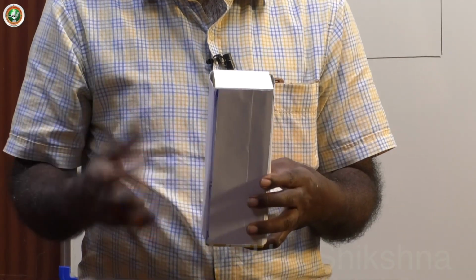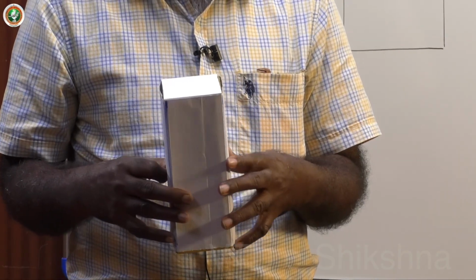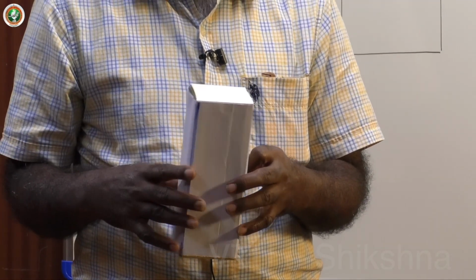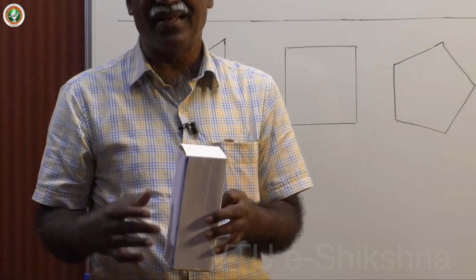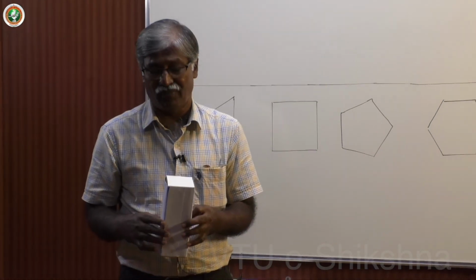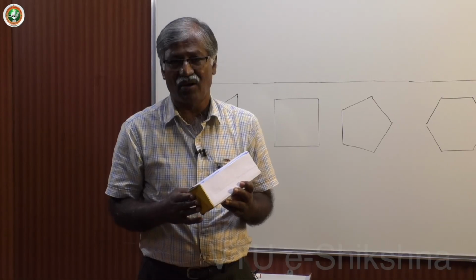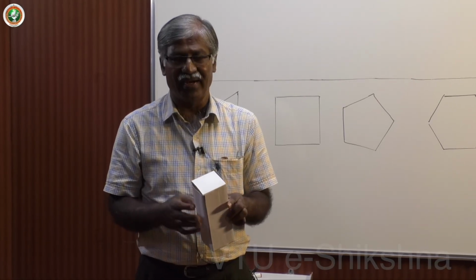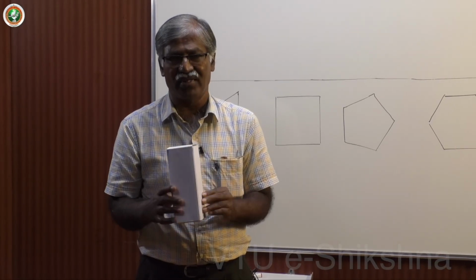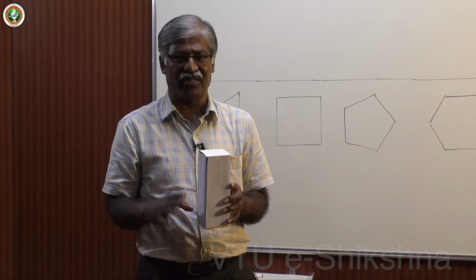Whenever you construct a prism, most of the time it will be a simple item of a single color. Purposefully I have made the base a dark color and the top face a light color, and the lateral surface is normally white, just for demonstration and explanation purposes.